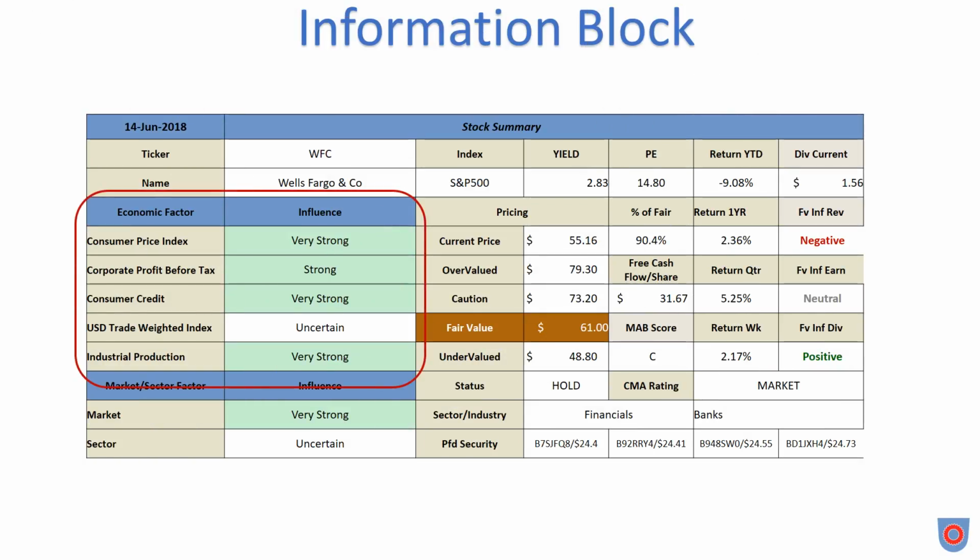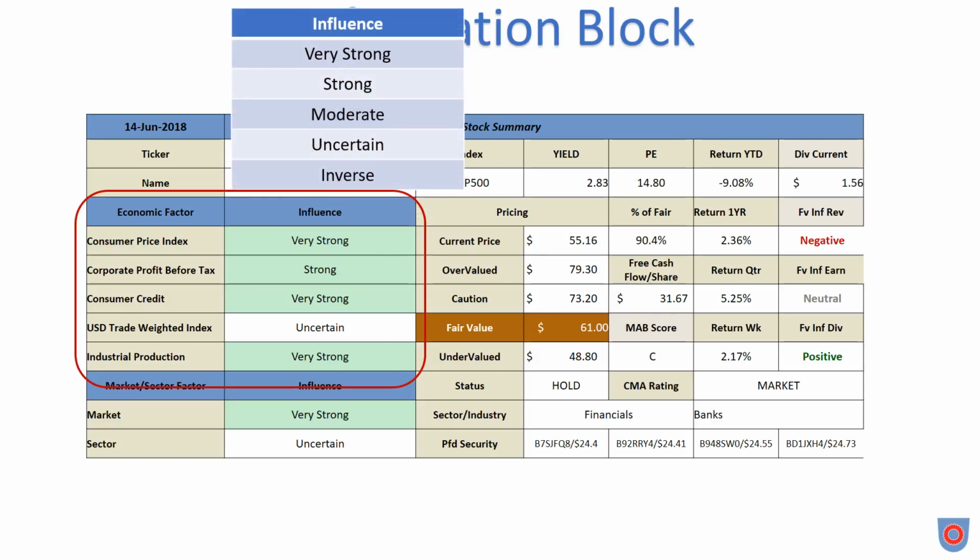On the left-hand side of the informational block is a section that indicates the individual stock's sensitivity to various economic factors. Each factor is classified according to the strength or influence the economic factor has on changes in the stock price.